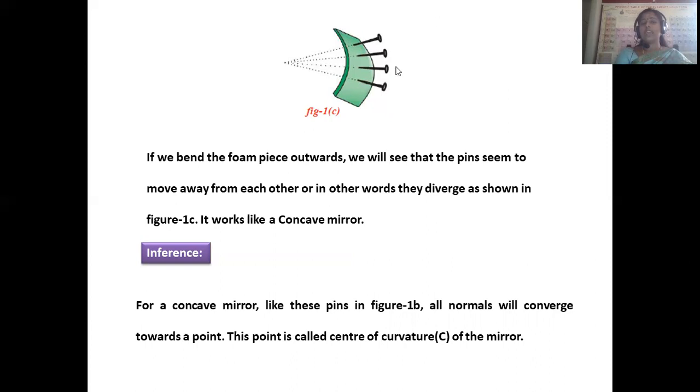Now pass light upon this. When light rays fall on its surface, they pass in a manner called divergent. All the light rays depart from each other, which is clearly observed here. This is known as divergent light.